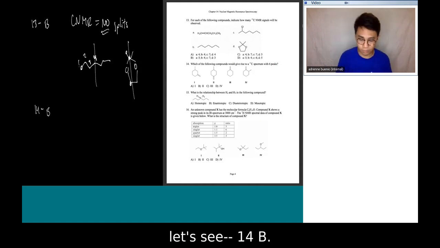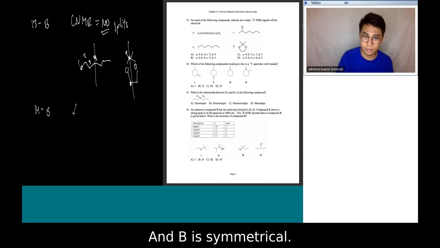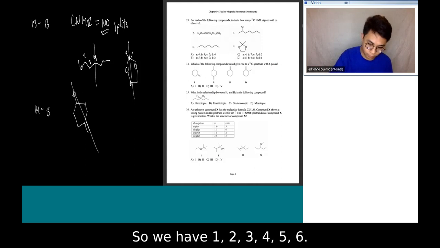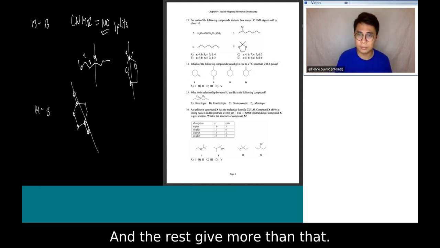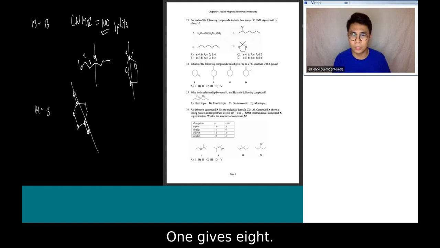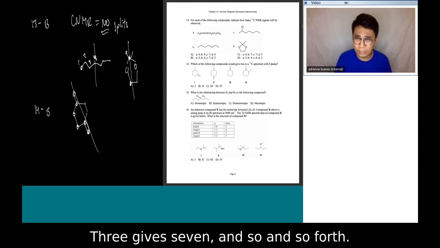And B is symmetrical, so we have 1, 2, 3, 4, 5, 6, and the rest give more than that. 1 gives 8. 3 gives 7, and so on and so forth.